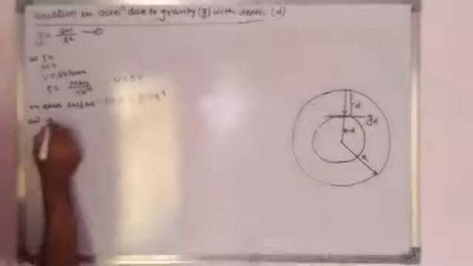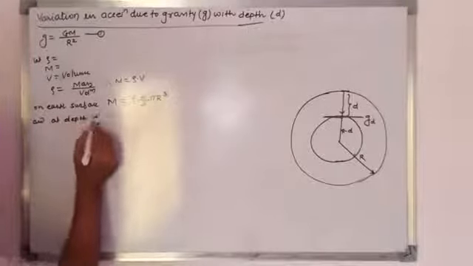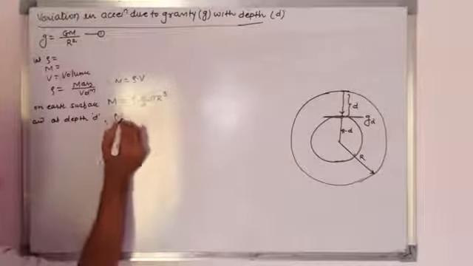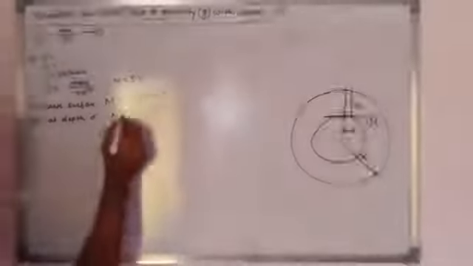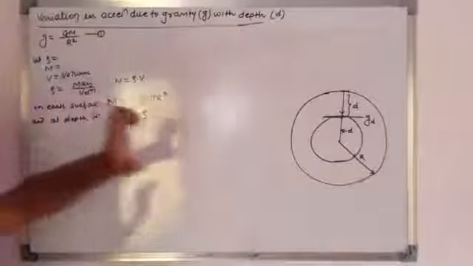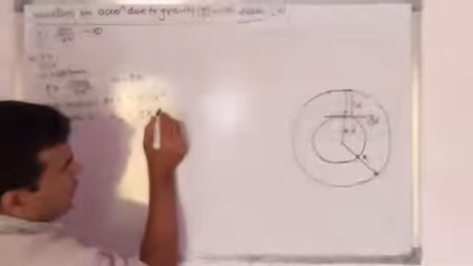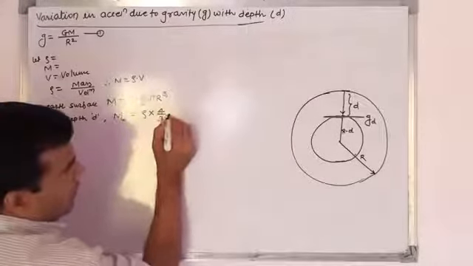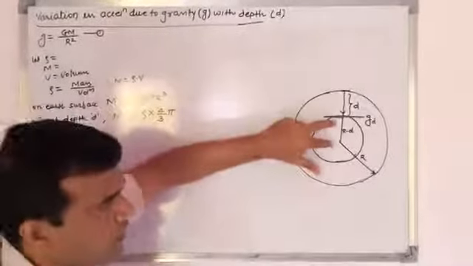And at depth d, the mass of Earth at depth d is equal to density of Earth, which remains unchanged, that is constant, into 4/3 pi. But at depth d, what becomes the radius?